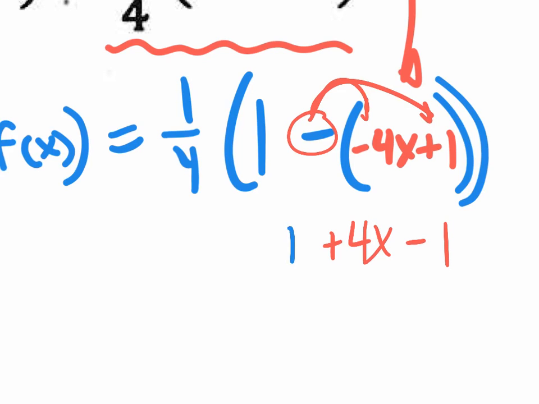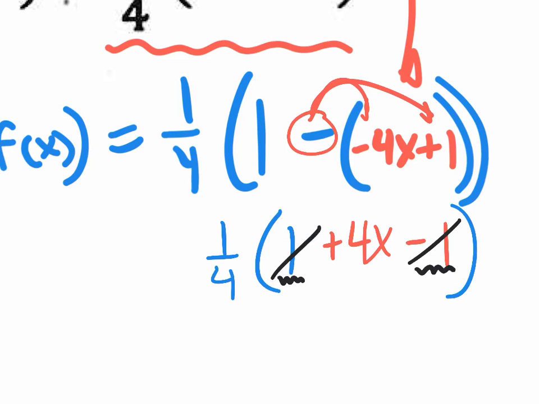And we still have the 1 in the front, we still have the parentheses, we still have the 1/4 out here. Are you with me? And now inside of the parentheses, we have this positive 1 with this negative 1 that we could combine, which eliminate. So what do I end up with? I end up with 1/4 times the inside, which is just 4x.